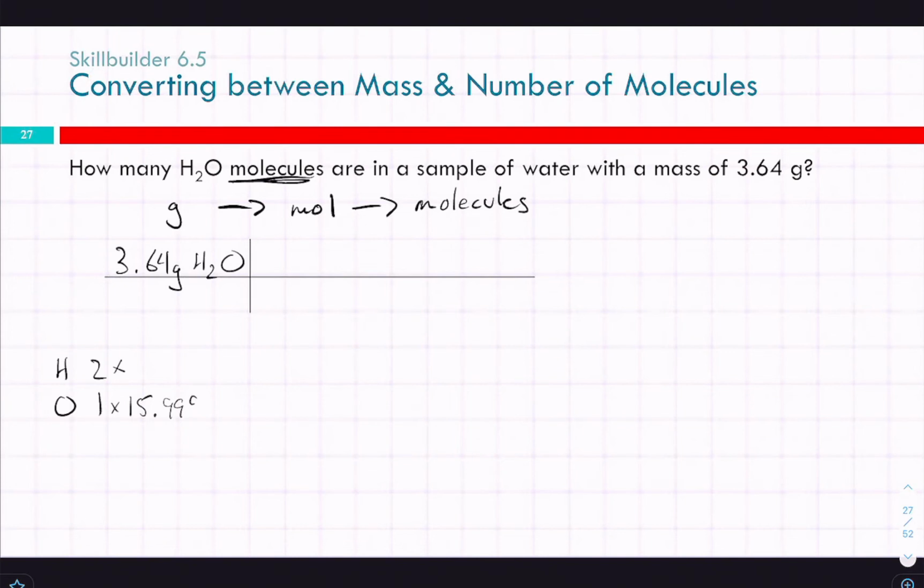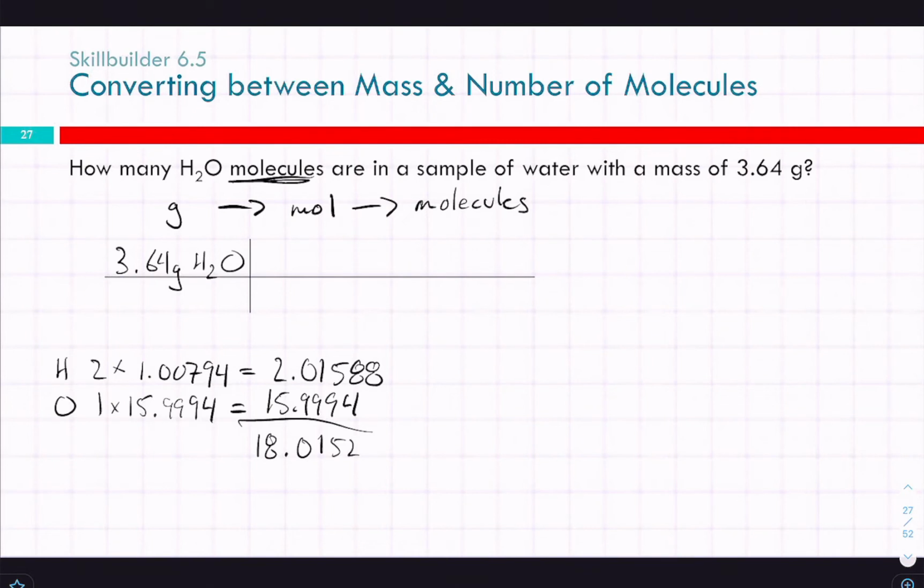Oxygen is 15.9994, and hydrogen is 1.00794 times 2, which is 2.01588. Adding 15.9994, this is going to be 18.01528 grams per mole of water.